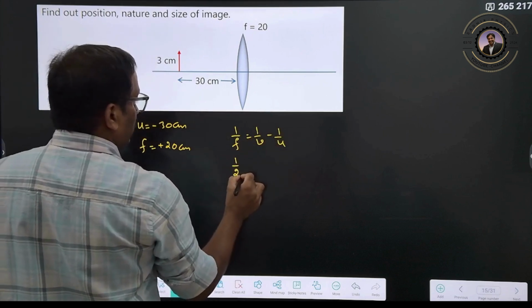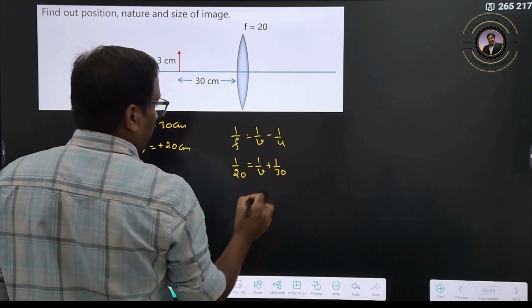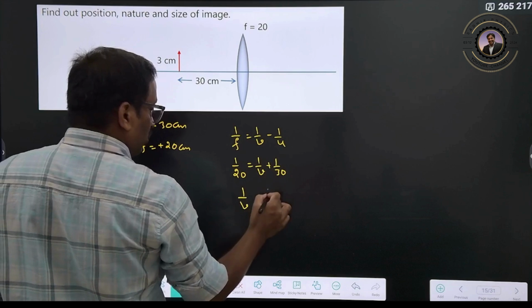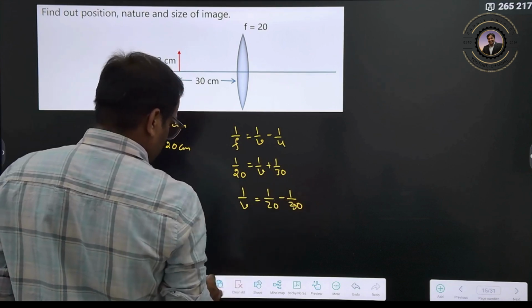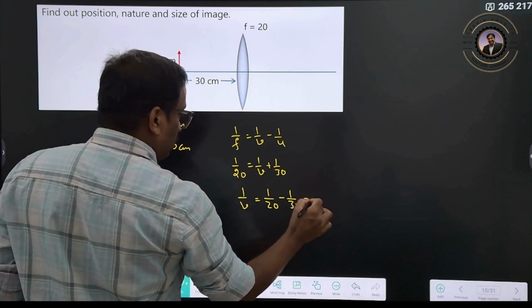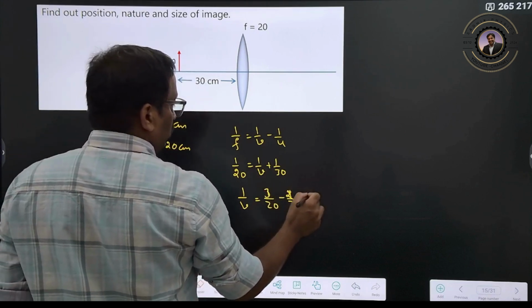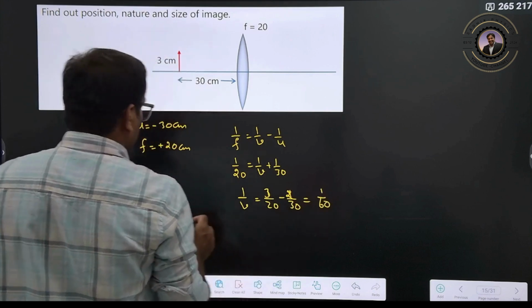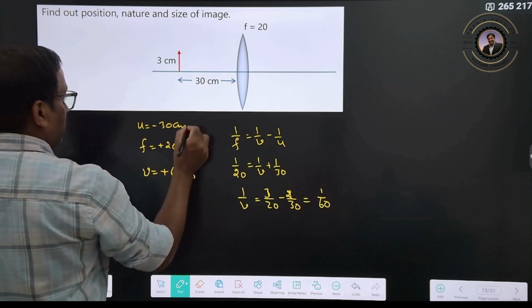So 1 by 20 equals 1 by v minus of minus 1 by 30. So 1 by v is equal to 1 by 20 minus 1 by 30. So what will happen here, this is 3, 2, therefore 1 by 60. So the image is formed at plus 60 centimeter.